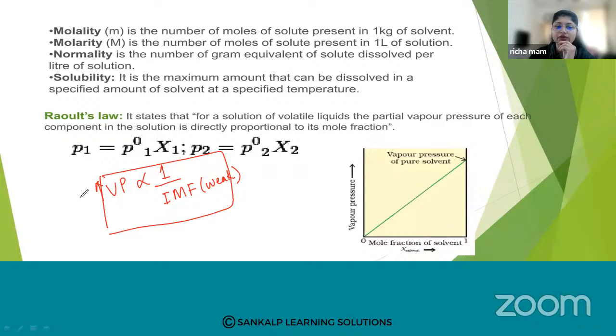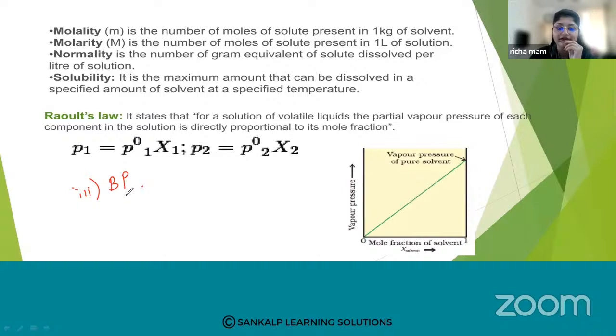Next, we'll go with the third factor, that is boiling point. How will the boiling point affect it? So liquids which have a lower boiling point will have higher vapor pressure.